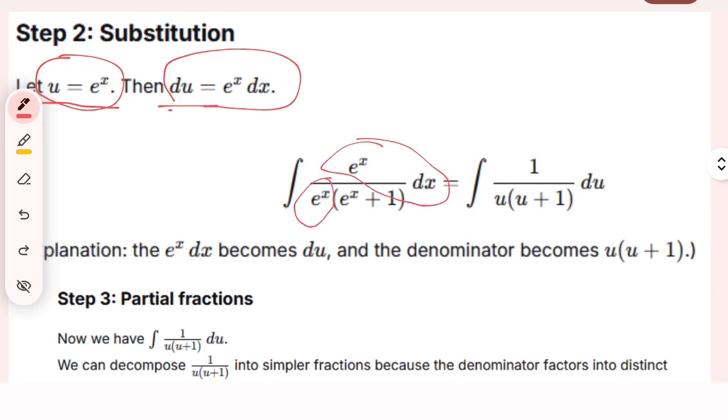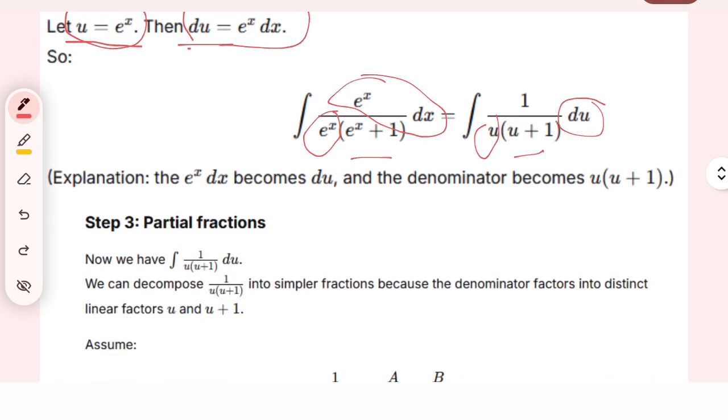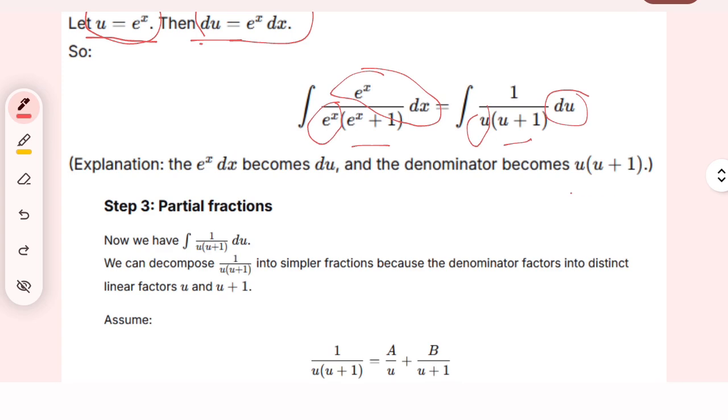This one is our u, and then we have u plus 1. So we converted everything in terms of u and du, and now it becomes du over u times (u plus 1).